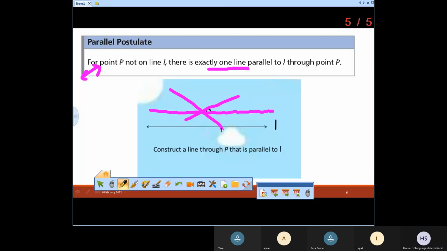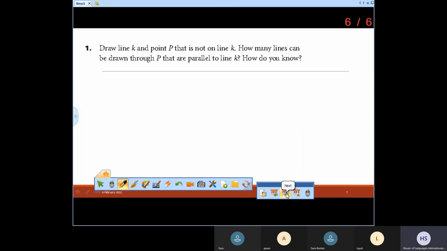Now, go to number 1 in your book. A theorem needs proof. The postulate doesn't need it. Number 1, page 90.